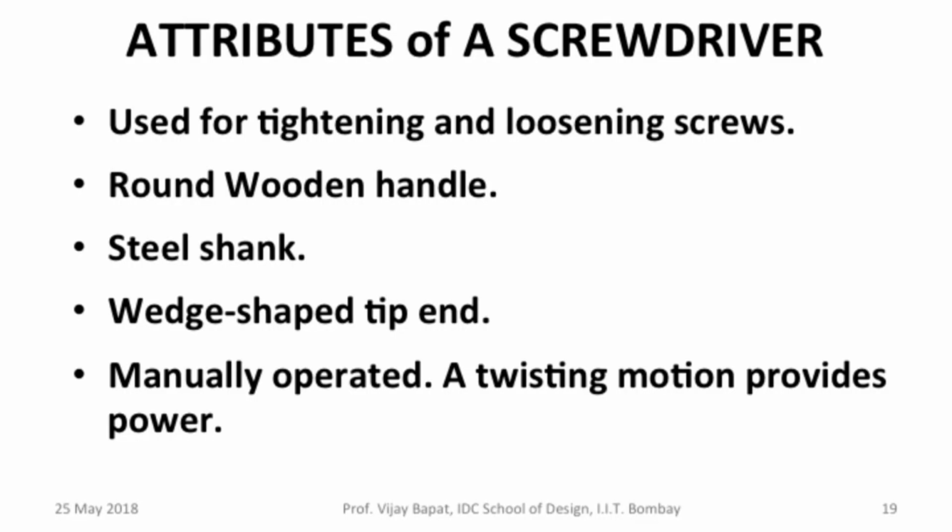It's manual, it is used for tightening and loosening screws, with a round wooden or steel handle. You go on writing this. And then ask, can I change this? In how many ways can I make a handle?